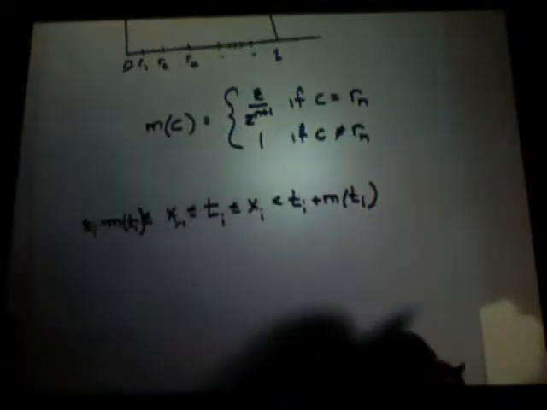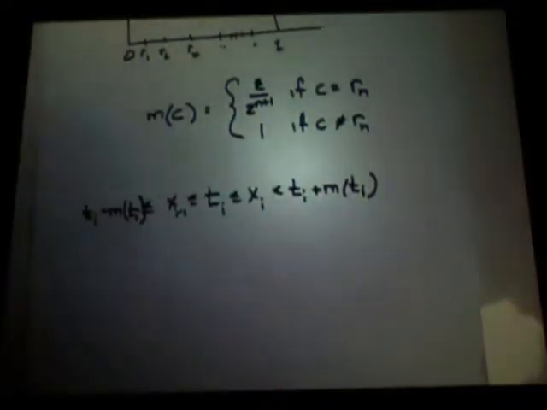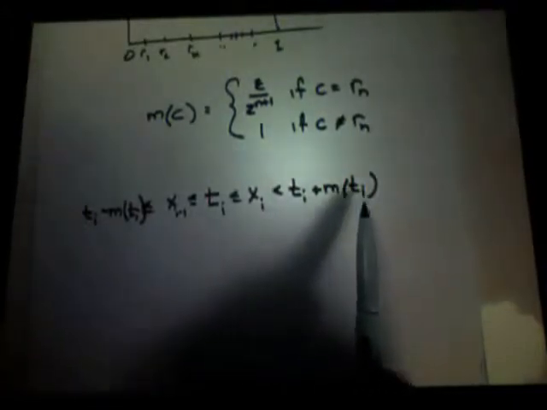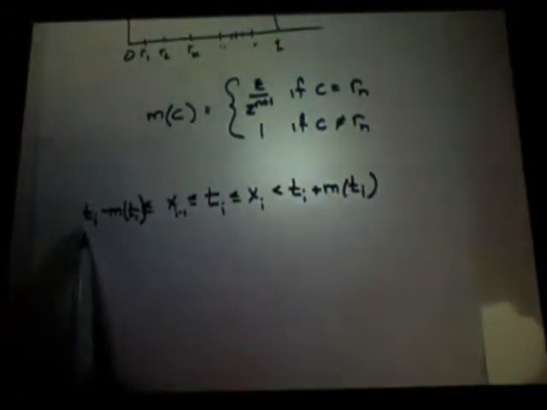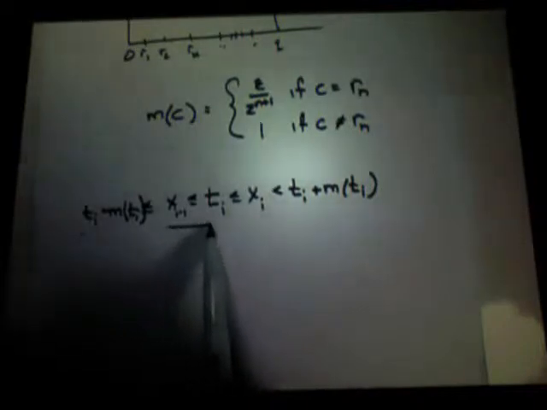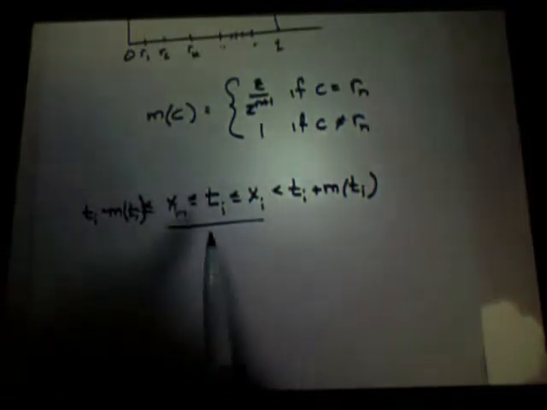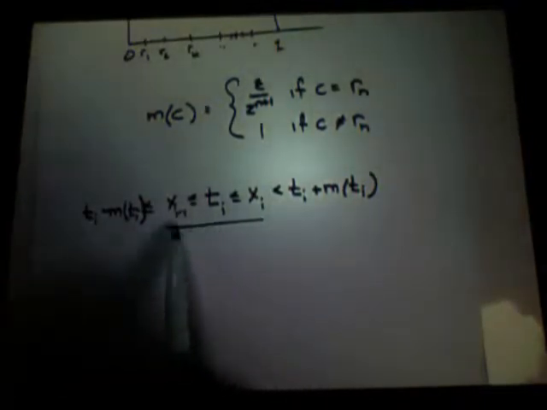So if I pick the tag point Ti, I add the mesh function evaluated at Ti, and I subtract the mesh function evaluated at Ti. And then I insist that whatever partition I create, the subinterval that's containing the ith tag point has to sit in something.